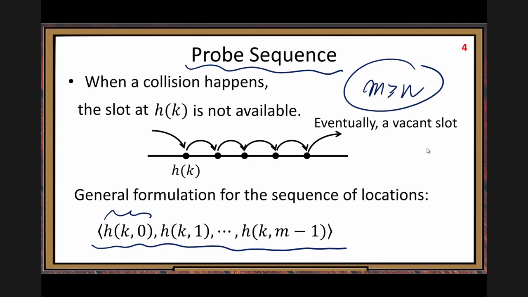You can see it's a two-parameter function. The first is k, the hash key. But second, we need another parameter so we can control the number of steps we take to find an available slot. So this is the probe sequence definition.